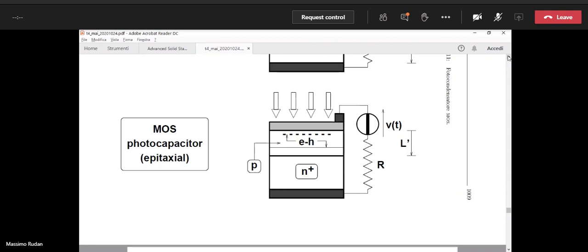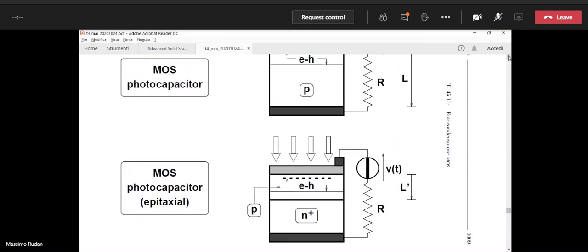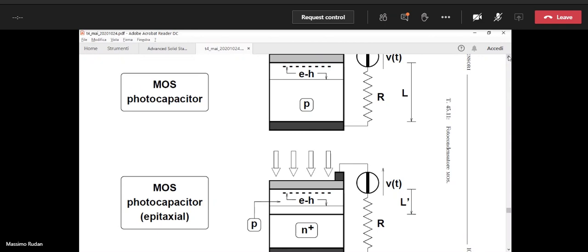Okay, so where is the difference? The difference is that the thickness of the p-type region is L prime. You can see it on the right, okay? And L prime is much, much smaller than the total thickness of the silicon wafer, that is L, that is visible in the upper part of the figure, okay?